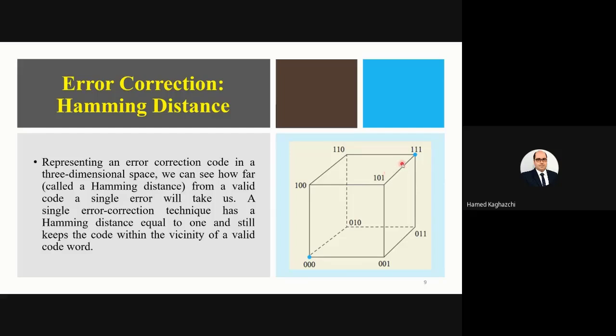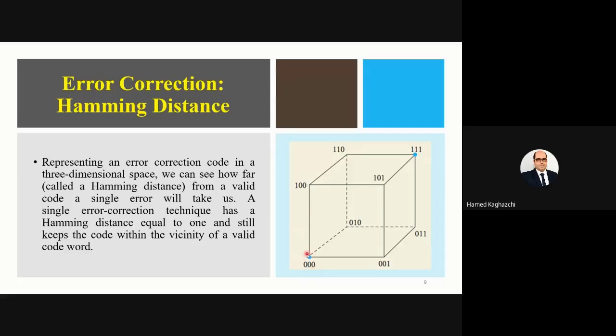It means that a single error correction technique has a Hamming distance equal to 1 and also keeps the code within the vicinity of valid code. This distance is Hamming distance. For this reason, 011, 101, and 110 can be considered as 111.